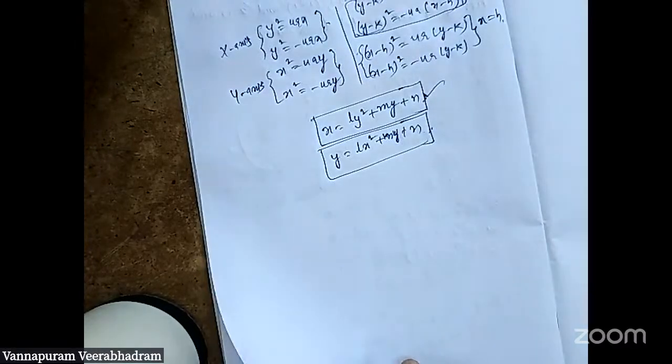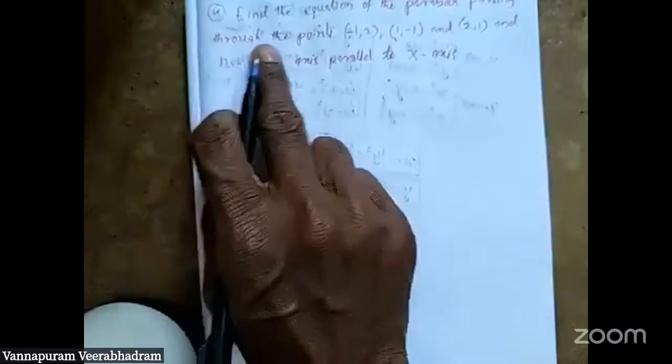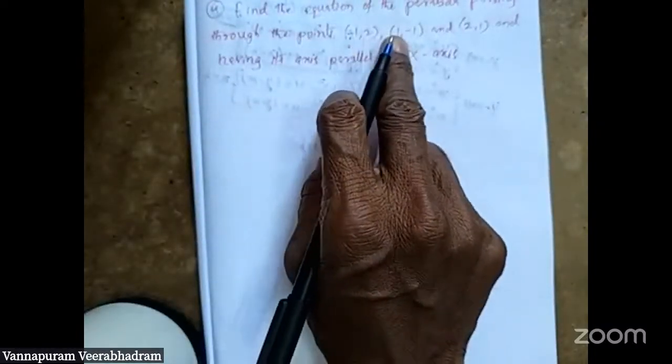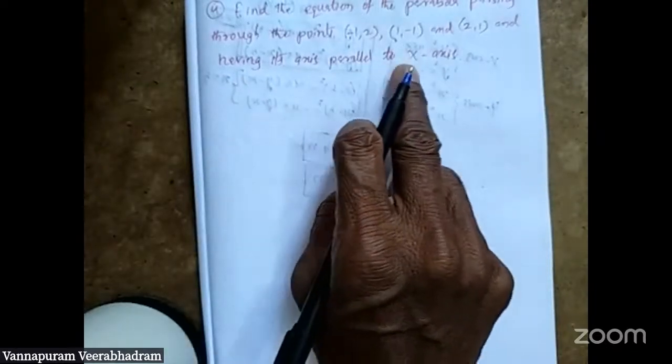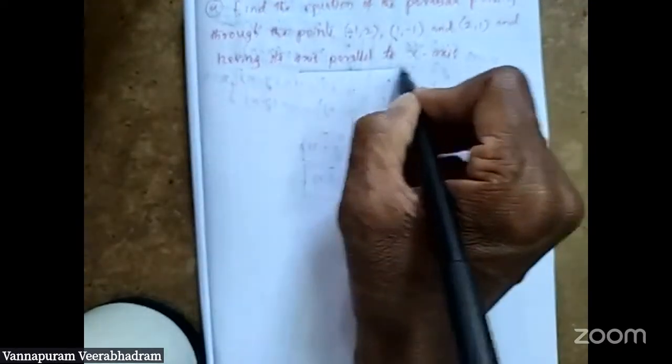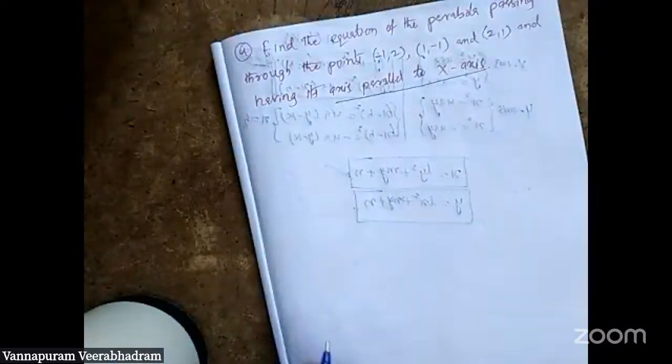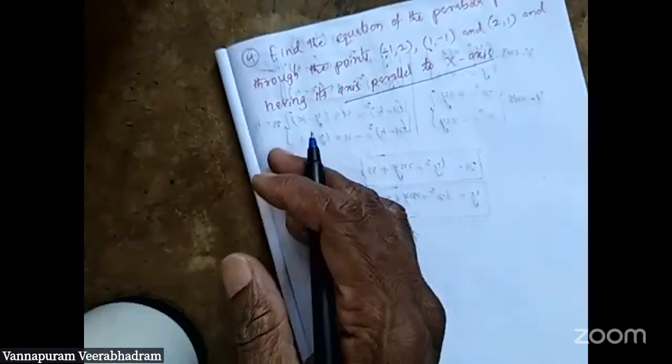Now the question is, find the equation of the parabola passing through the points (minus 1, 2), (1, minus 1) and (2, 1), and having its axis parallel to x-axis. Here the axis is given as parallel to x-axis. So for this, we will take the parabola equation.